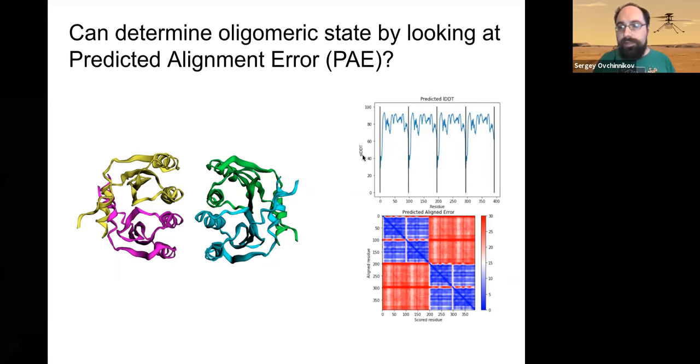This is predicted LDDT. I won't go into details of what this means, but you could think of it as just a confidence metric. 100 means that you're 100% confident about this, 0 means that you're not so confident. Anything below 50, you would say is very, very low confidence. So for every single residue, you have a confidence metric.